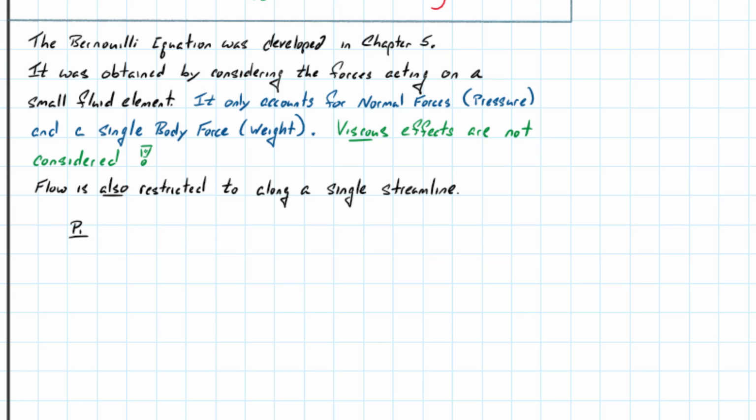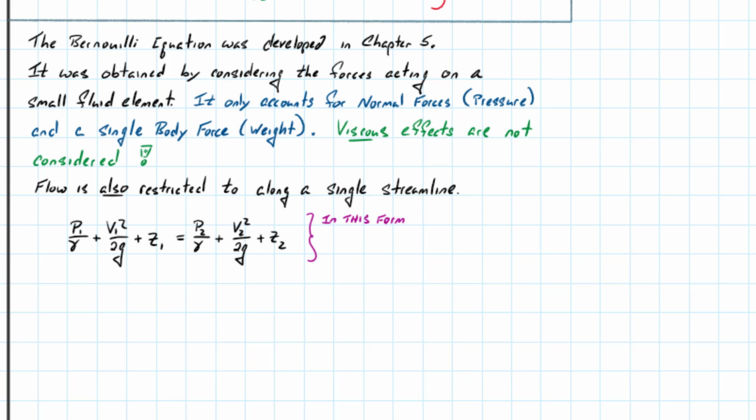And what we ended up with was the equation where P1 over gamma plus V1 squared over 2g plus Z1 would then equal P2 over gamma plus V2 squared over 2g plus Z2. And in this form, each of these terms are now in units of length.